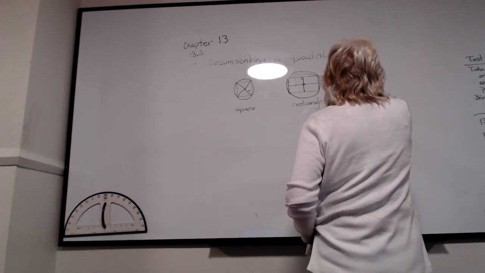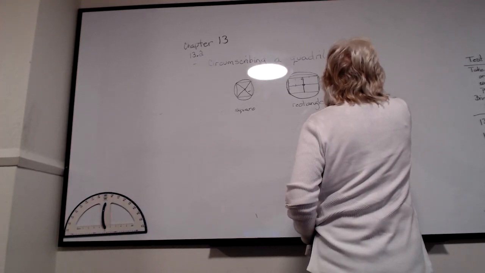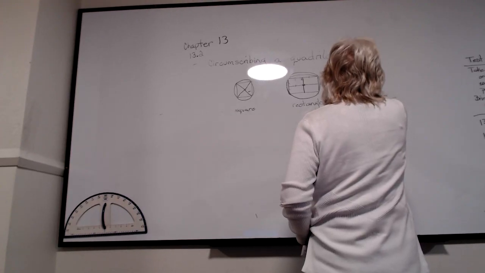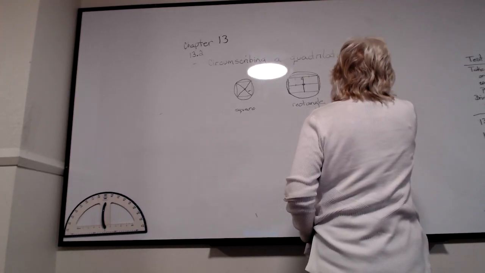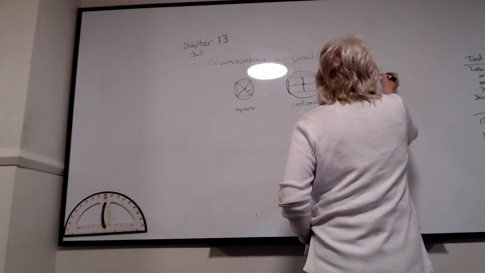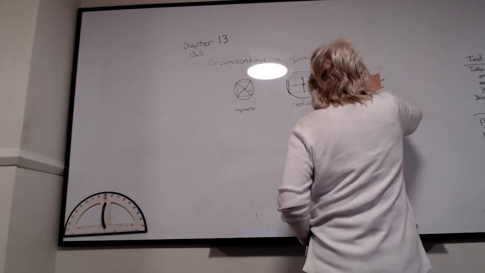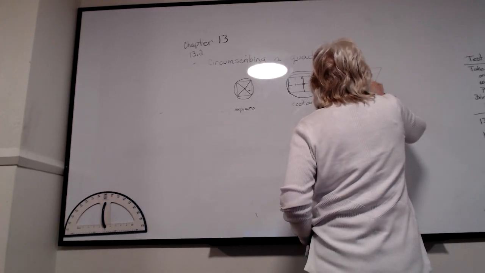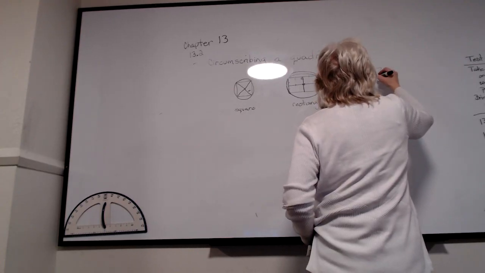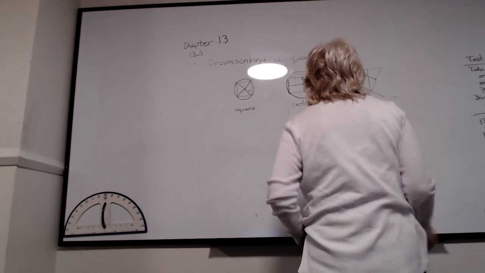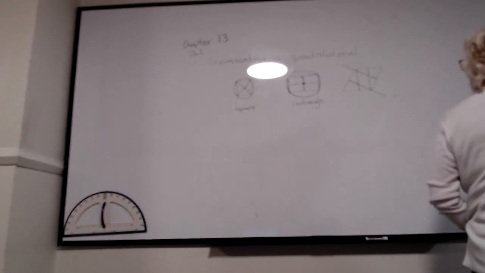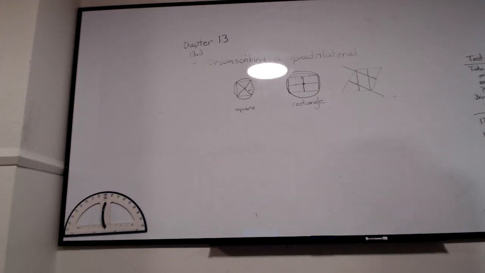Perpendicular of this one would be, how would I do that one? Oh, that's not right. Okay, so there are no congruent perpendicular bisectors here.